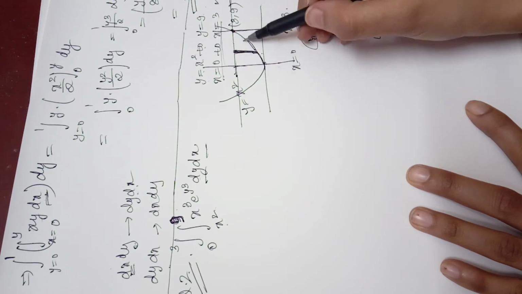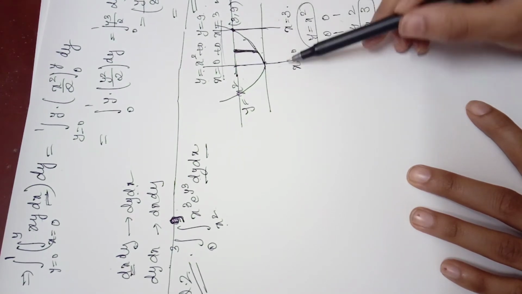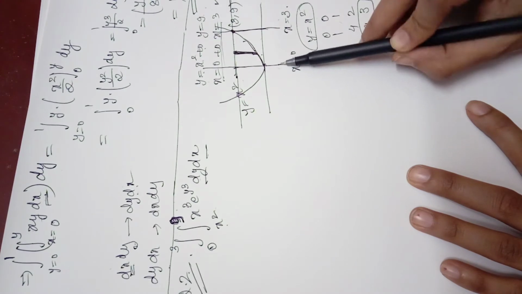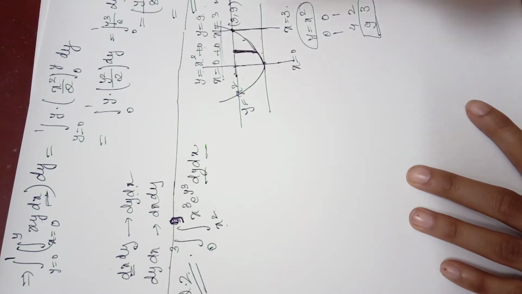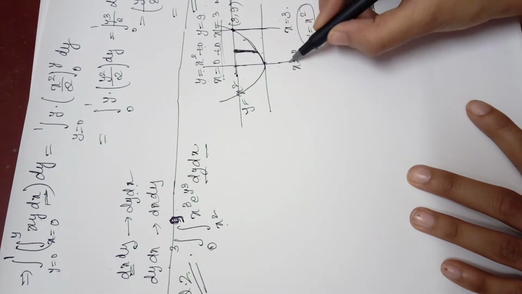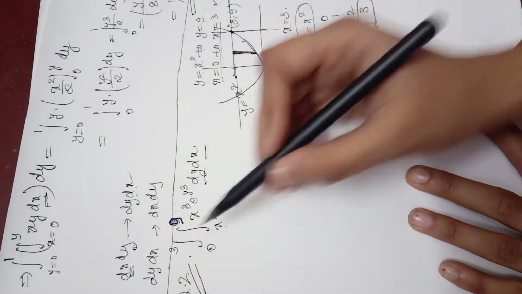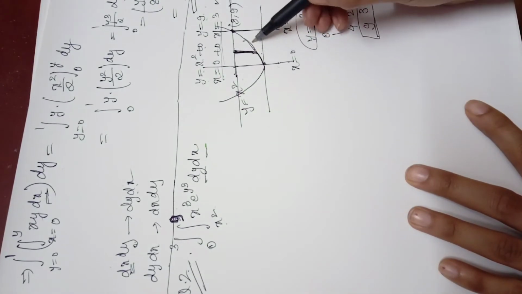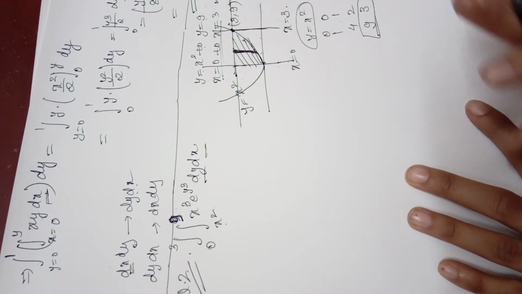Now the region will be bounded between these two. But since the question says x is from 0 to 3, that means we have to consider only this part, not this part of the parabola. So x is 0 to 3 and it cannot go above 9, right? 9 is the upper limit and it starts from x square. It can't be here. That means it is the only region which is the shaded region.